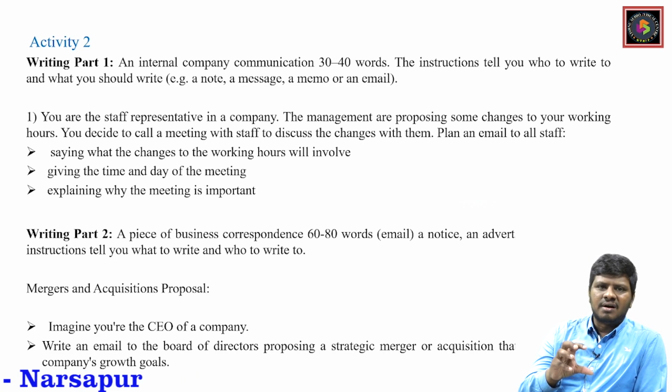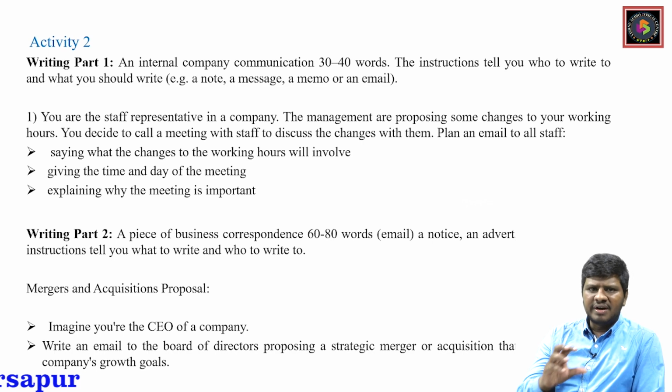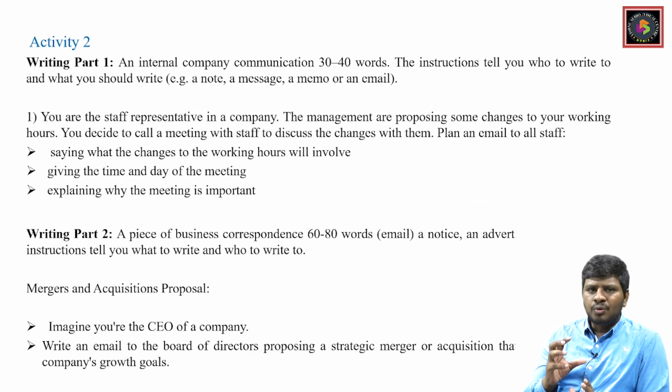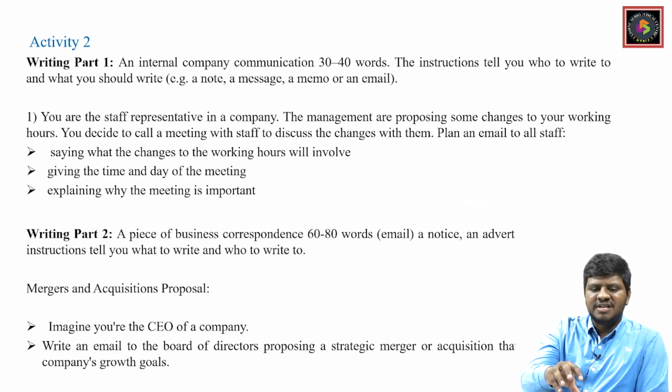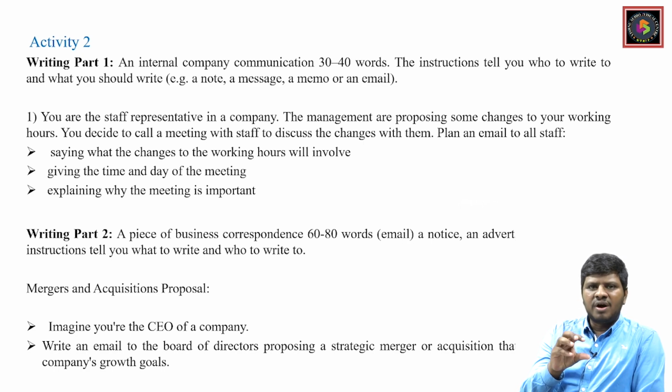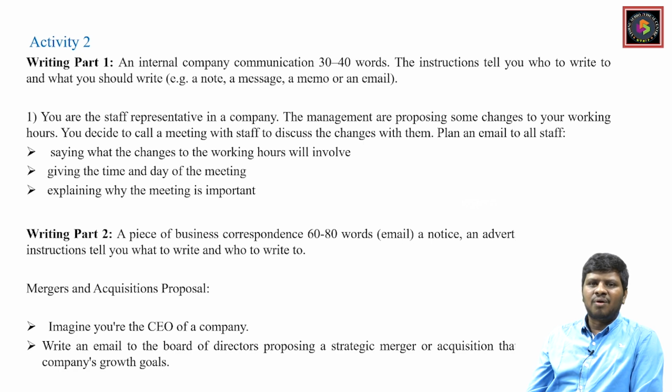This is the question we provide, the context we provide to students, and we give some contextual clues also. You can see this, saying what the changes to the working hours will involve, giving the time and the day of the meeting, and explaining why the meeting is important. And they have to compose an email based on these 3 points, and these 3 points are very important.